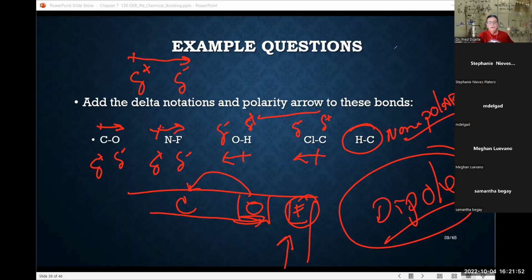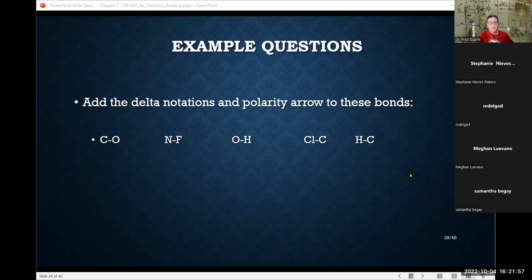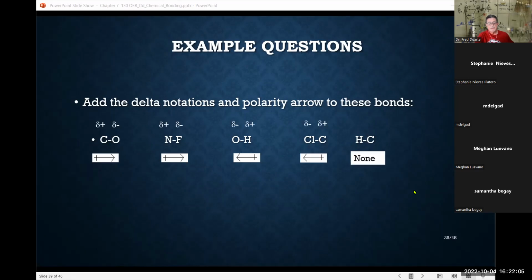All right, so let me clear this up and we'll add it up here. So in this case, we've got the arrow going from left to right, right to left, right to left, and none with respect to carbon hydrogen, okay?